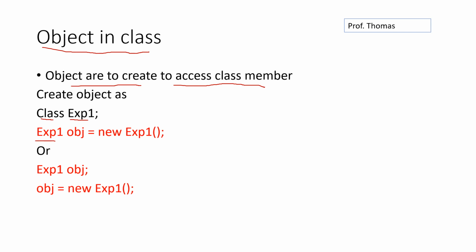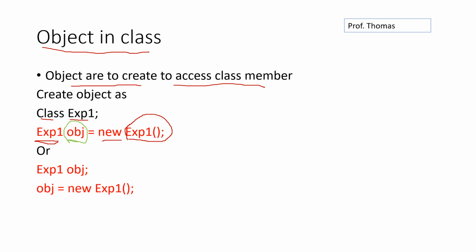First we write the class name, then the name of the object, then the new operator, and then the class name along with the parentheses. We can pass any values in the parentheses. Later we can see why we should use this syntax.